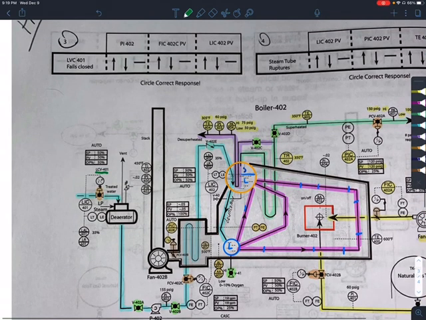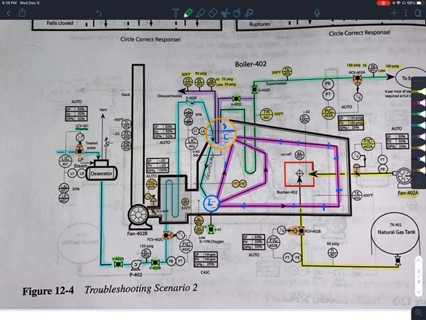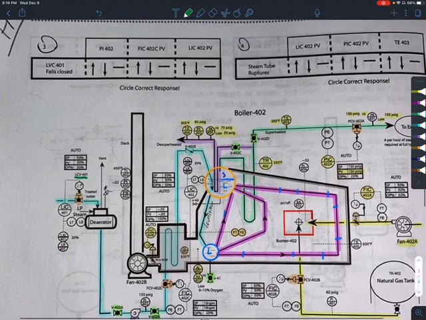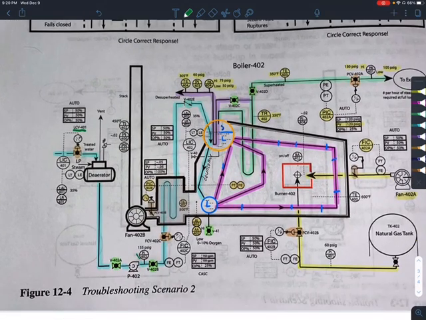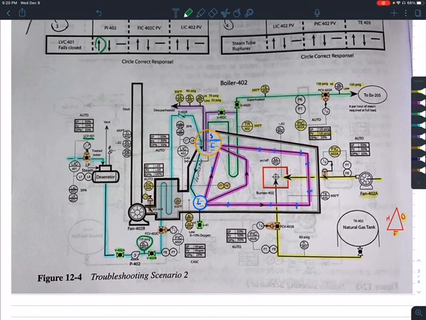And it's saying, okay, if that fails closed, meaning that it closed, so now there's no flow. PI 402 is right here, the pressure indicator. So because there's no flow coming from here, that's cut off, that will read lower because there's no flow, so there's no pressure to read, right?